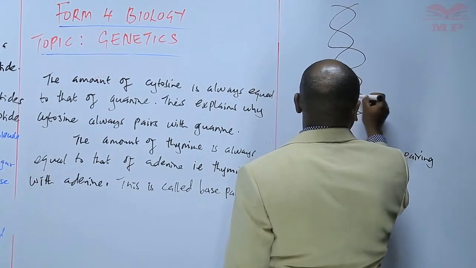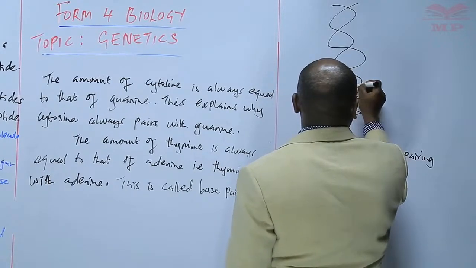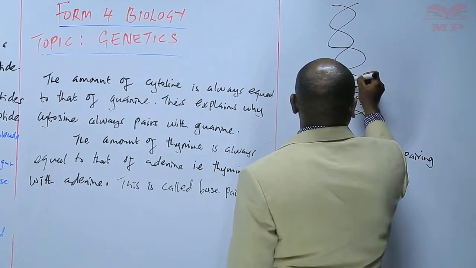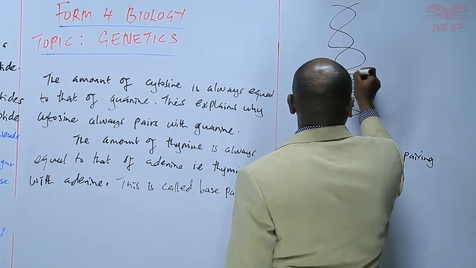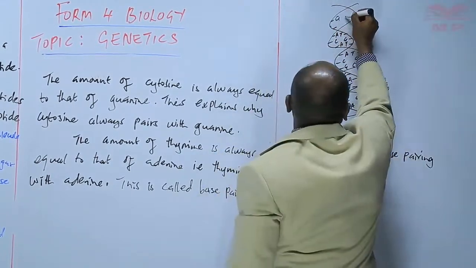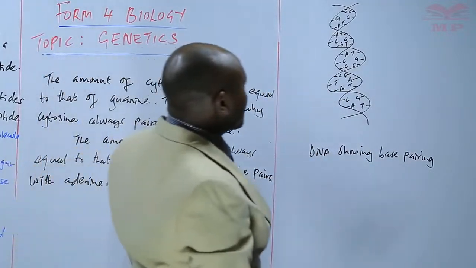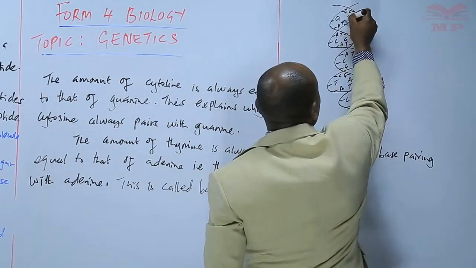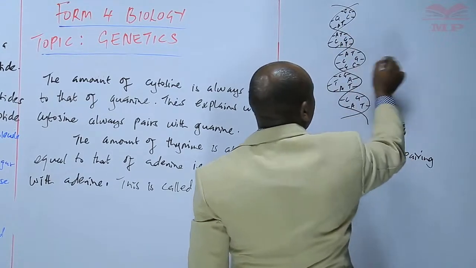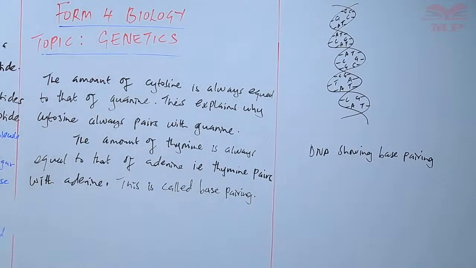So we are saying that adenine with thymine, cytosine with guanine, A with T, T with A, G with C, so we have the DNA showing how the bases are paired together. G with a C, A with a T, T with an A, G with a C, and so on and so forth. So that is what we are calling the base pairing.